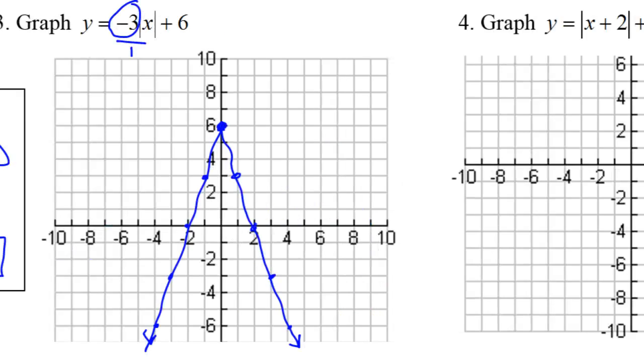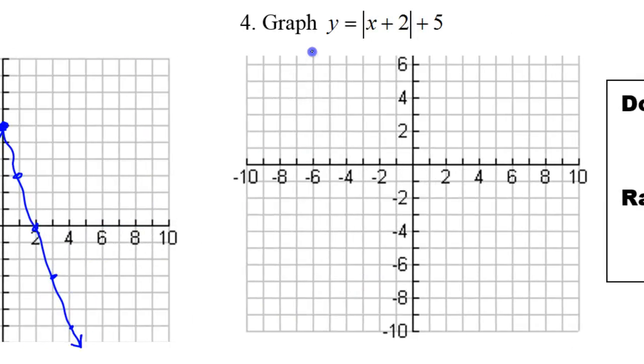All right, now let's move over to number 4. Now, this plus 2 is actually going to shift the graph left 2. So this is left 2, up 5. The left-right motion is always the opposite of what it looks. So left 2 and up 5. So my vertex is going to be right here.